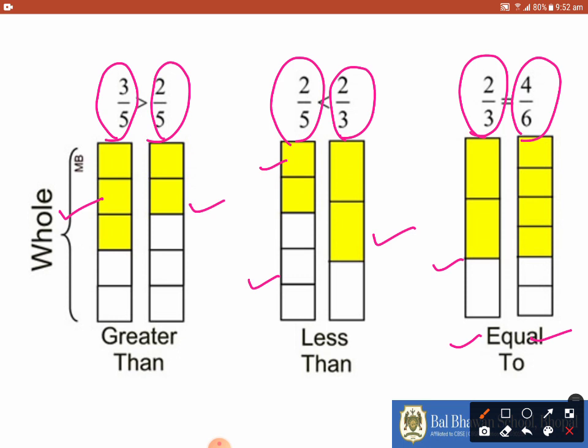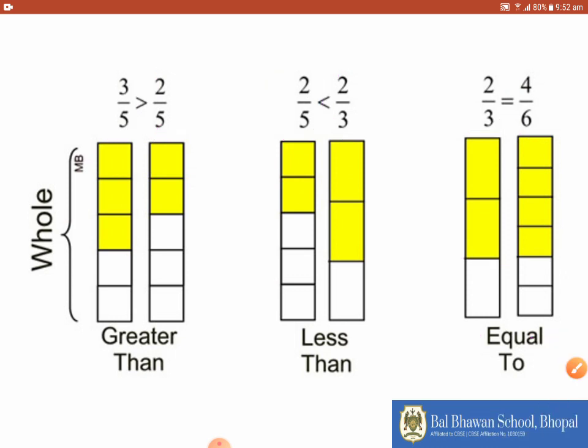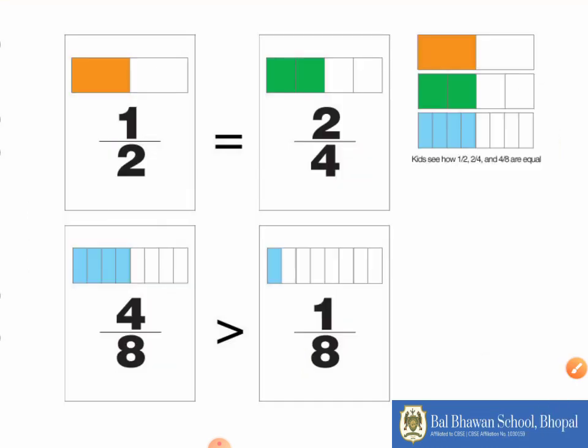And just by looking at the picture, we can easily identify that they both are representing the same part of the whole. It means they both are equal. So we have seen the examples of less than, greater than or equal to. Let us learn some more examples.